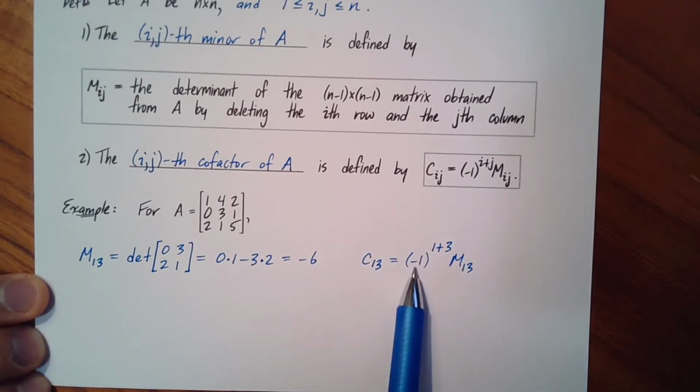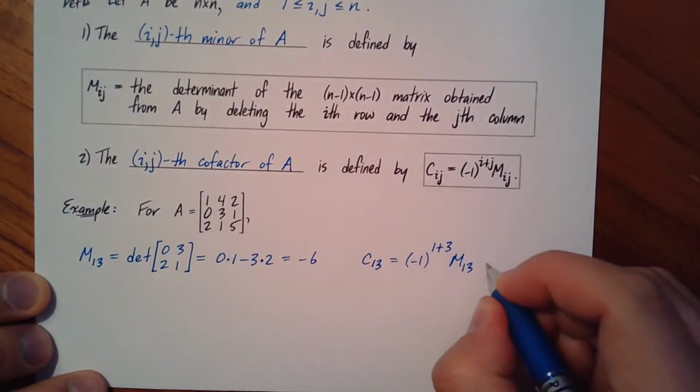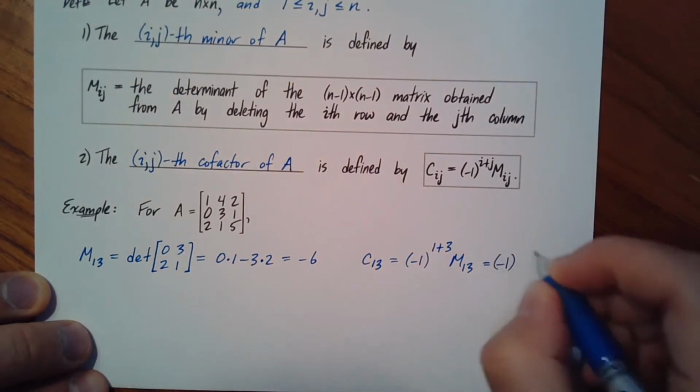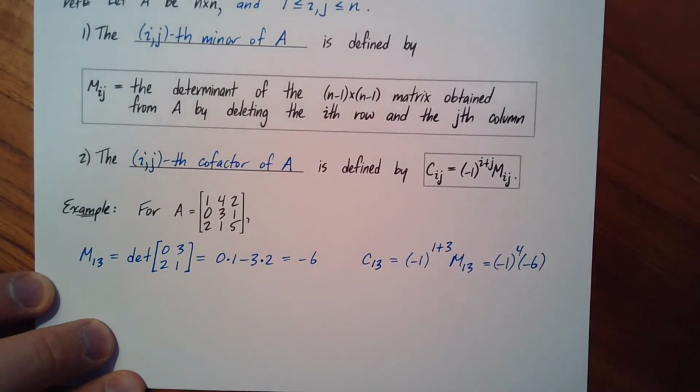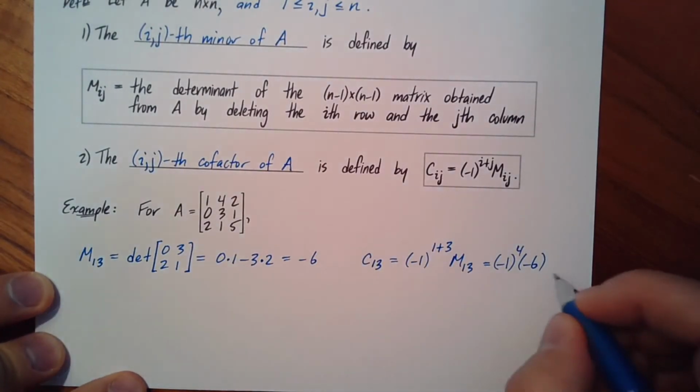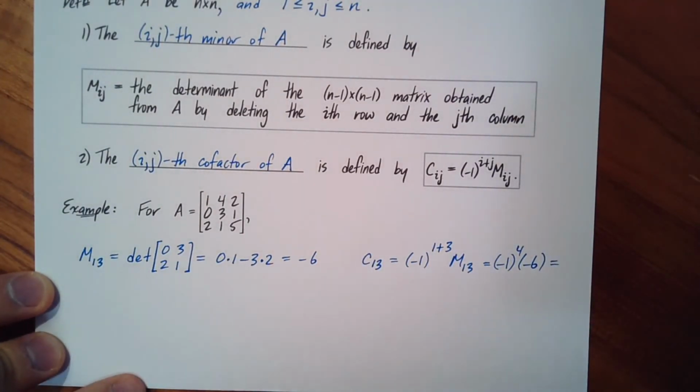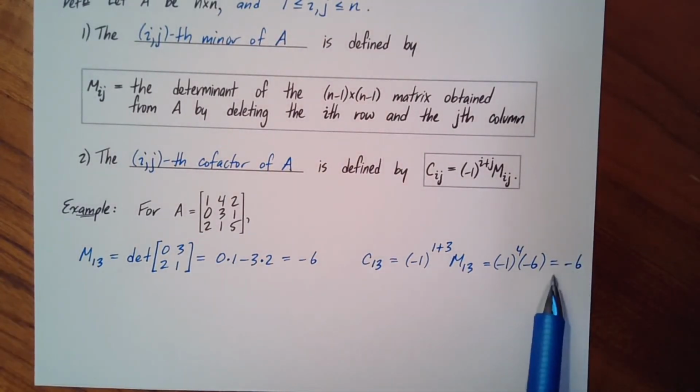So this is going to be -1 to the power of 4 times -6, which, since -1 to the power of 4 is just +1, we end up getting -6. So that's the 1, 3 cofactor of this matrix A.